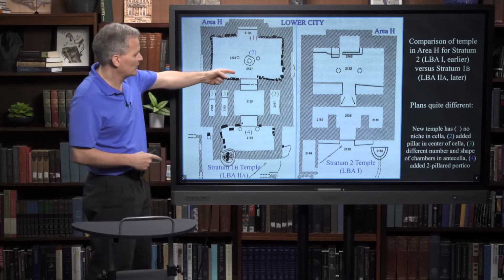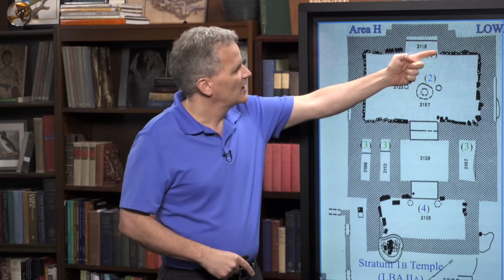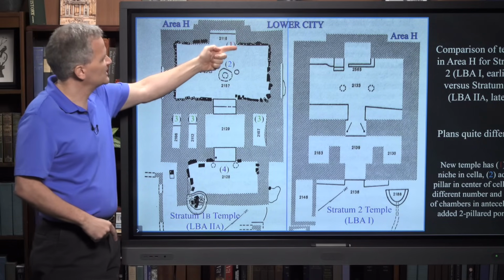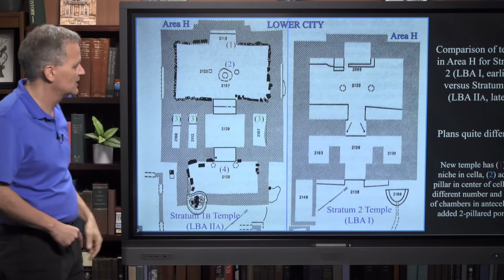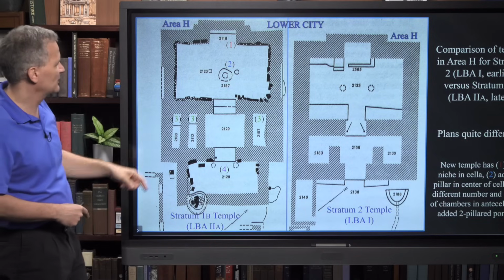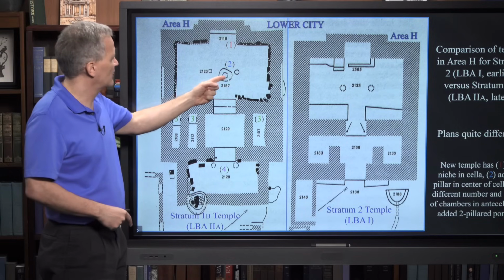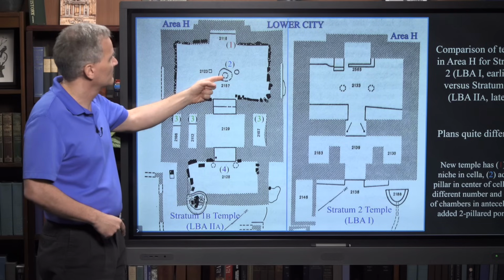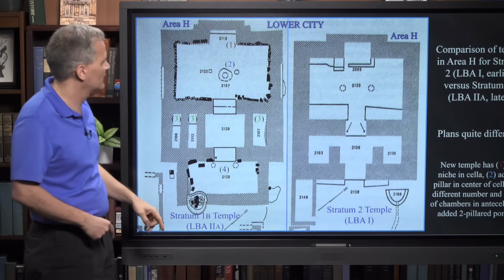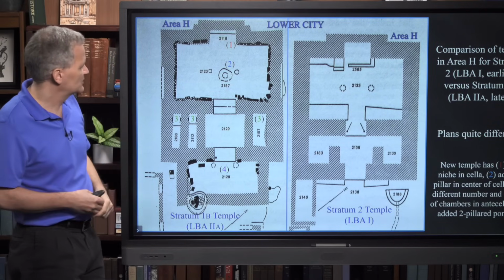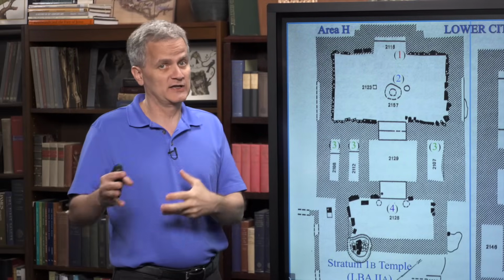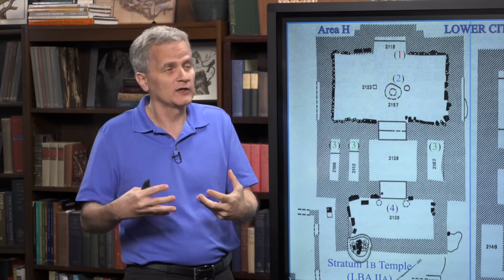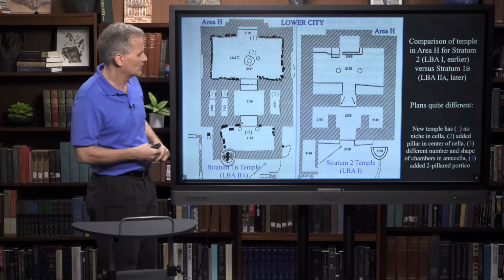Well, this new temple has no mechanism here to guard or protect the niche, so that's gone. Two, there's an added pillar in the center of the room. This hole could be used for a pillar, or it could be used as a hearth. It's difficult to say without seeing the actual material. So that's another difference between the two temples, this new hole in the middle that hadn't been there before.